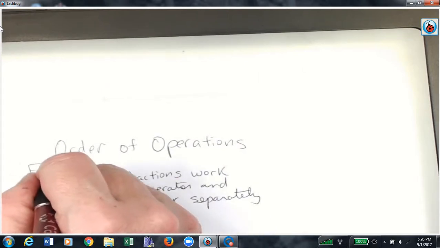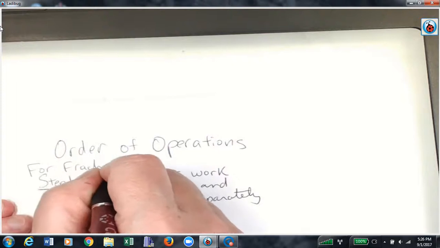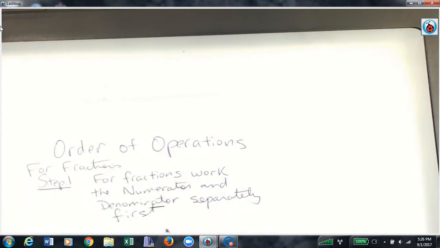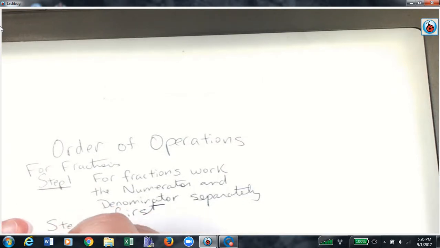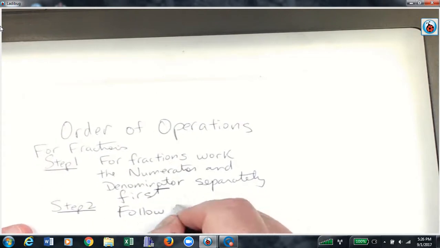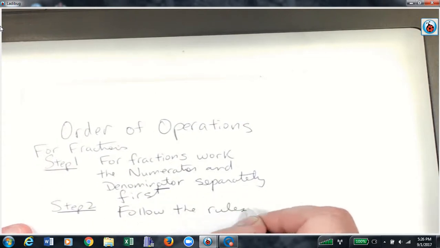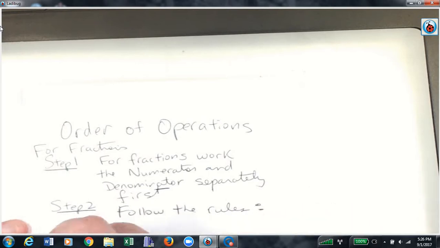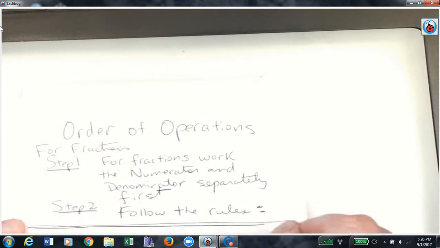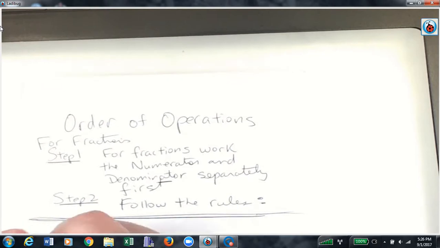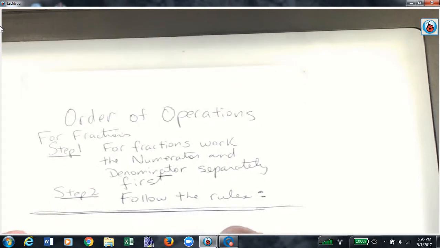So this is for fractions. Then, once you've worked out numerator and denominator separately, then follow the rules I'm about to do.